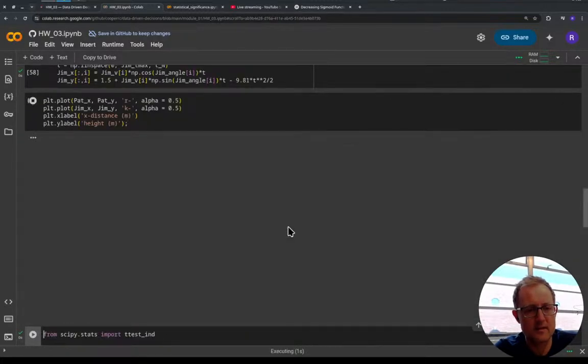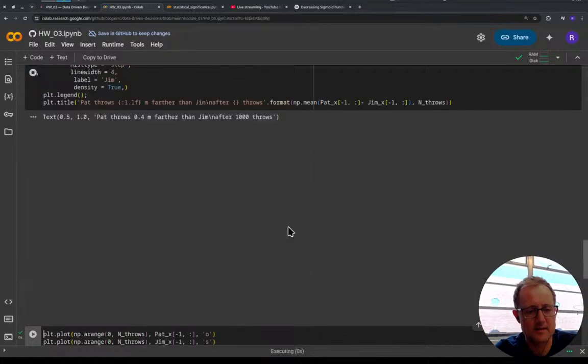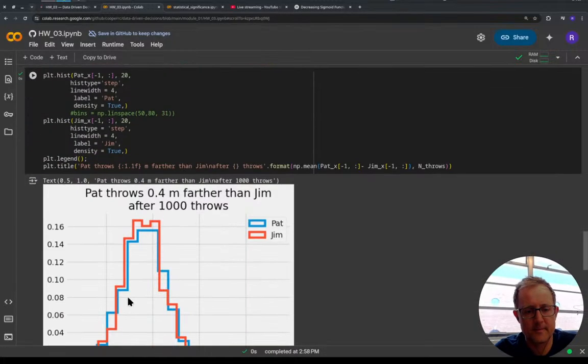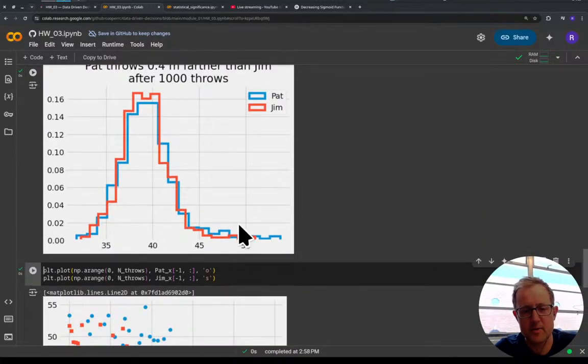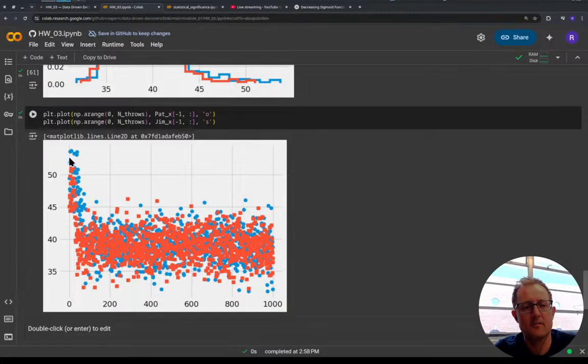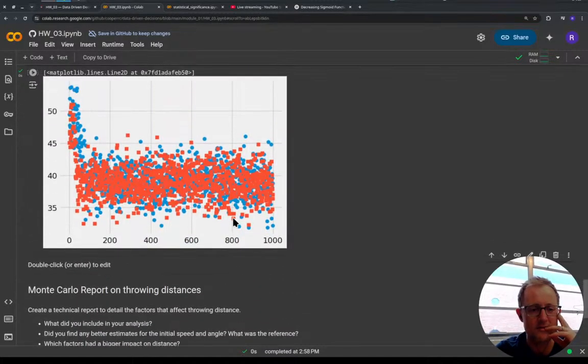If I do that, we'll definitely see, yeah, now there's a tiny peak over here at their max, but then both of them are basically throwing the same distance because they're both exhausted. And we also see here that they were doing great, and then for the next 900 throws, not so well.